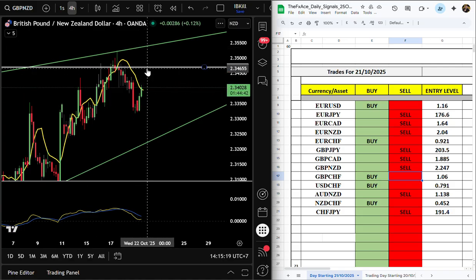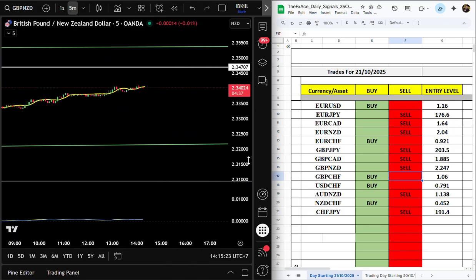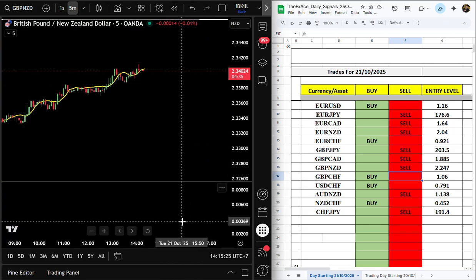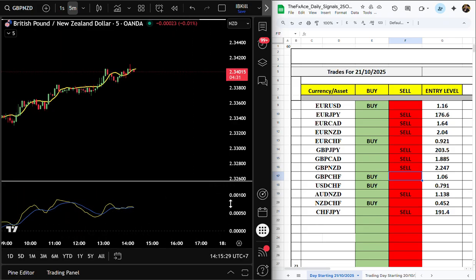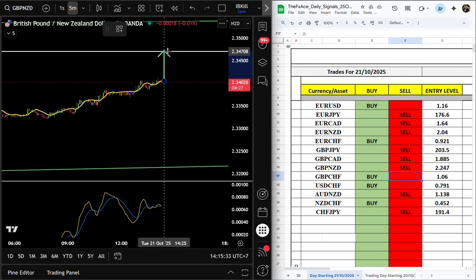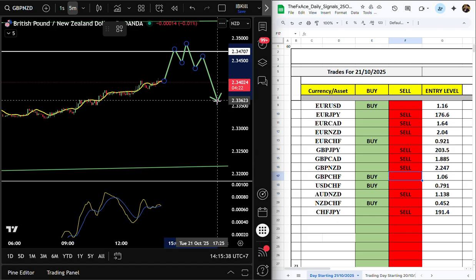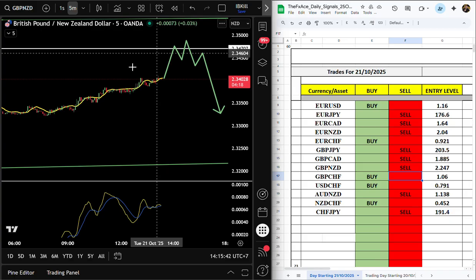So I want to see a spike up to this area, and on the lower time frame 5-minute chart, price moves up, hits that level, pops up, boom, with a divergence cross happening here.